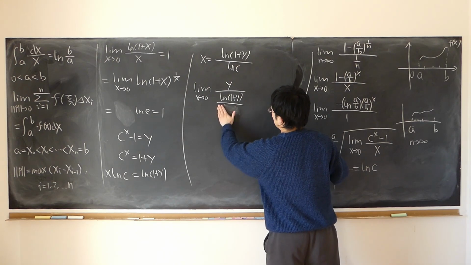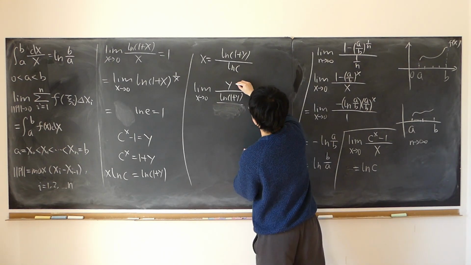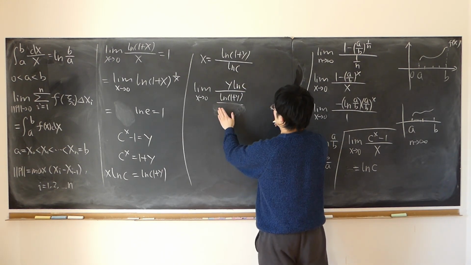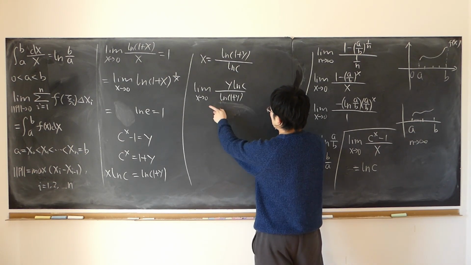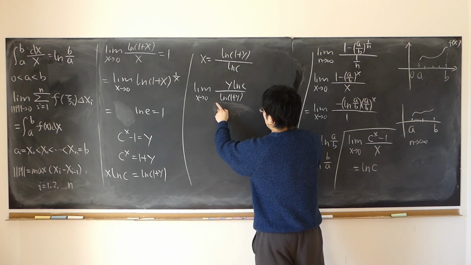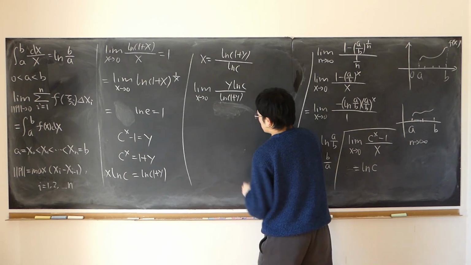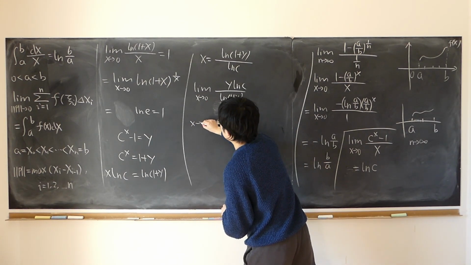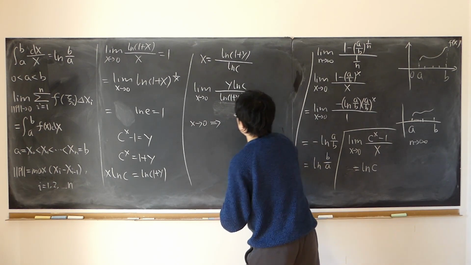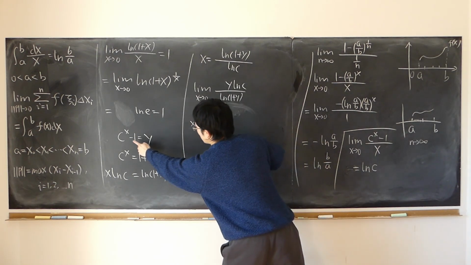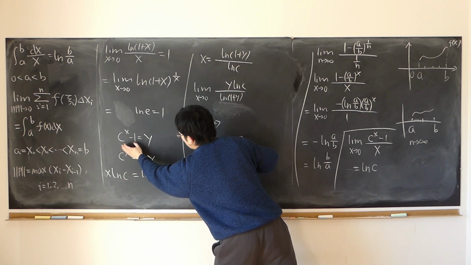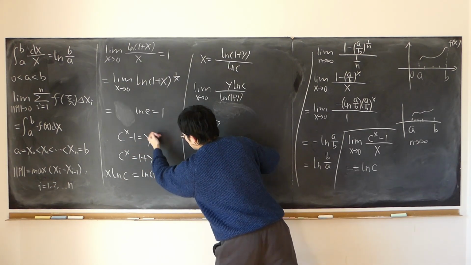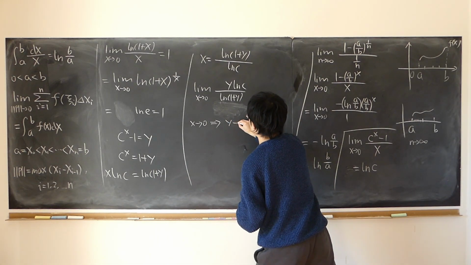Log c can be written at the top, after we simplify everything. This time, when x approaches 0, which implies c to the x approaches 1, the left-hand side approaches 0, which implies y approaches 0.